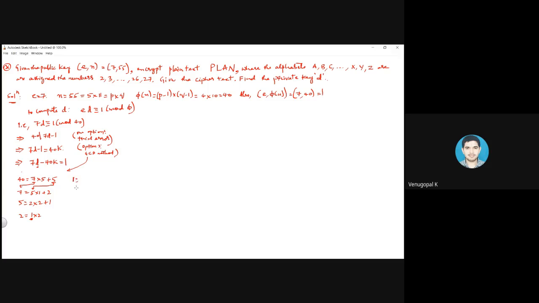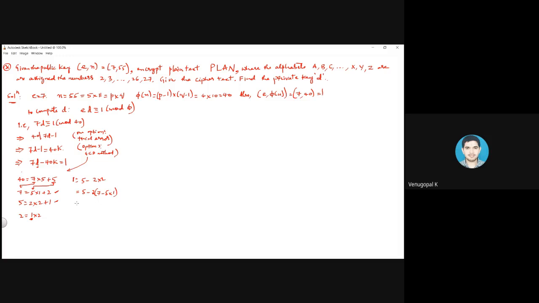1 equals, by this particular step, 5 minus 2 times 2. And by this step, this 2 can be written as 7 minus 5 into 1. So 5 minus 2 times (7 minus 5 into 1).